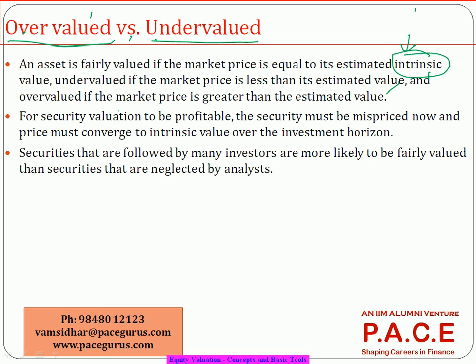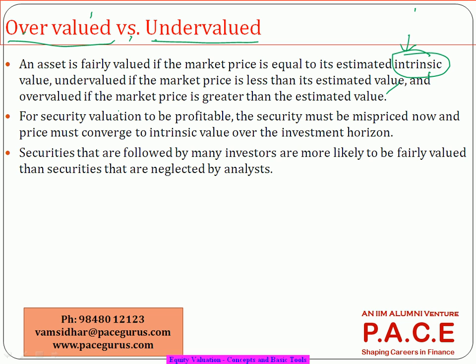Wherever the market price is lesser than our assessment price or the intrinsic value, we say that that particular security is undervalued, because our assessment is that even this much price is okay for it, but in the market it is available much cheaper than that.